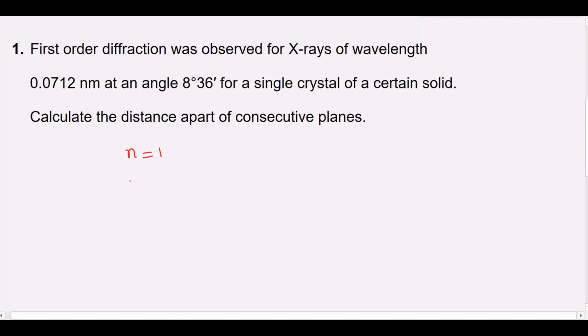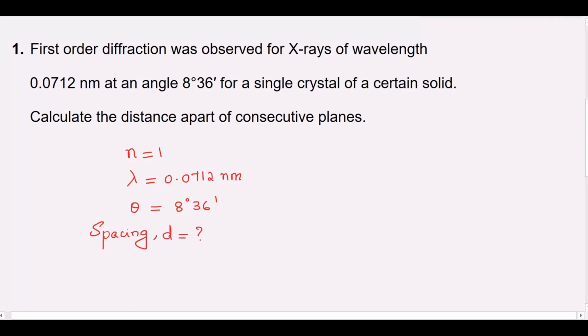We have the wavelength of the X-rays, lambda equals 0.0712 nanometers. The diffraction angle theta is equal to 8 degree 36 minutes. So you have to find out the spacing between the consecutive planes, that is the value of d.